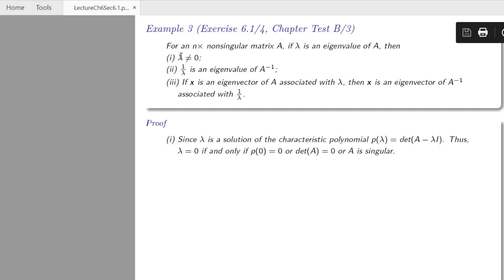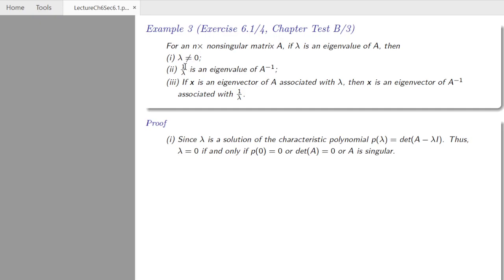If the product is not zero, then all factors, all the eigenvalues, are not equal to zero. So that's the second way to show an eigenvalue of the matrix A is non-zero. Because it's non-zero, we can talk about its inverse.